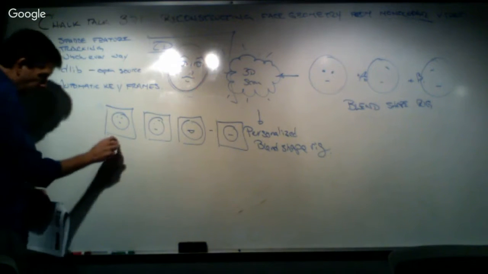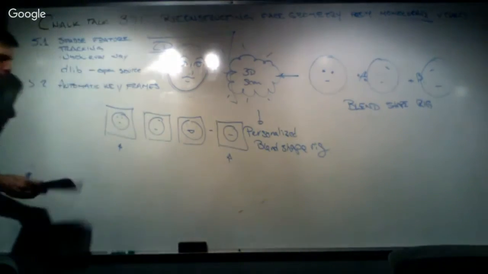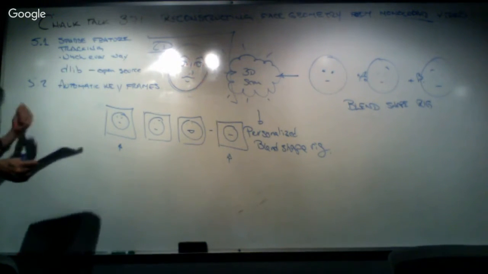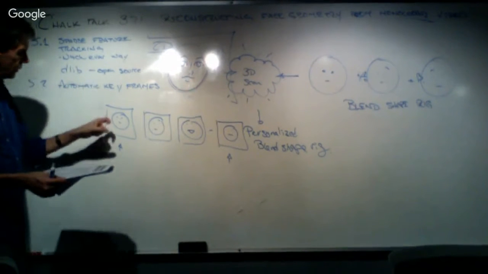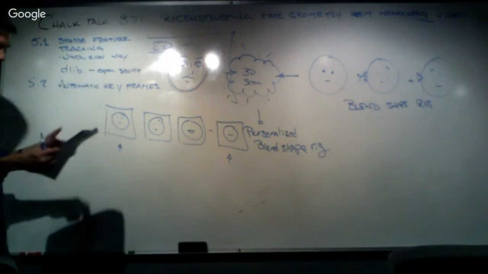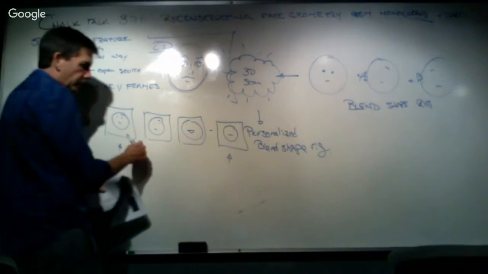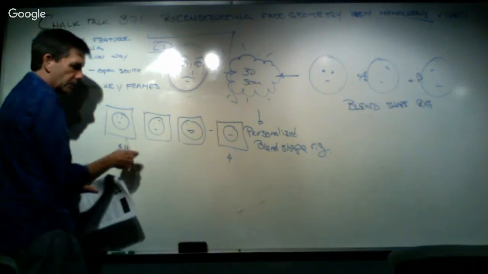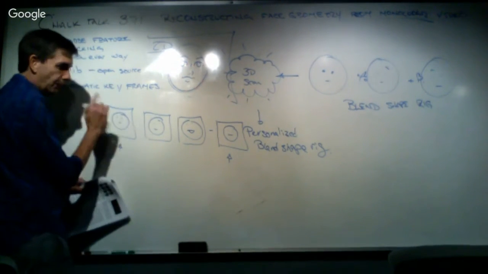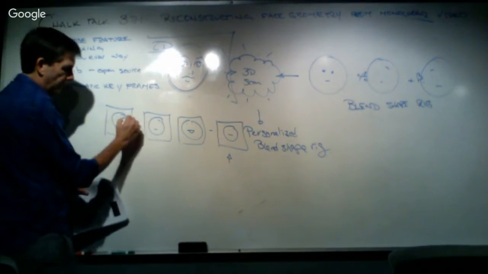So the thought is, these neutral poses that I have in my animation are pretty good to find. When I get to a neutral pose, my feature tracker really starts shining because the neutral pose is the easiest thing in the world to find. So when you start getting into crazier expressions, why don't we actually use optical flow, a different technique that basically tracks a point on a face through time.